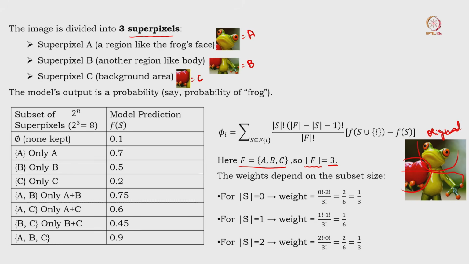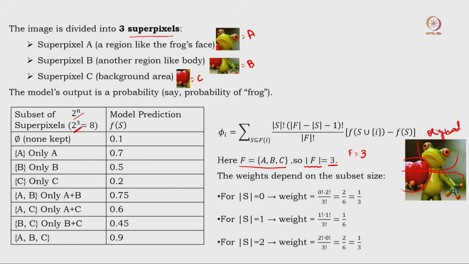Now, once we complete this, the very first step is, because the number of features is 3, to create subsets: totally 2 to the power of 3. In general, it is 2 to the power of n. Since n here is 3, we create subsets of size 2 to the power of 3.